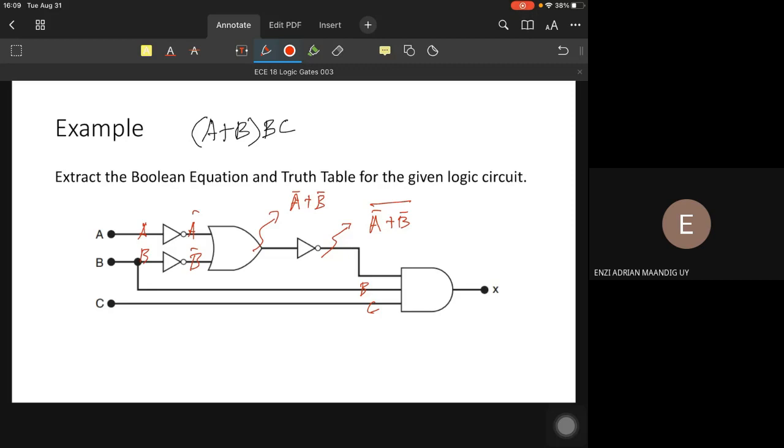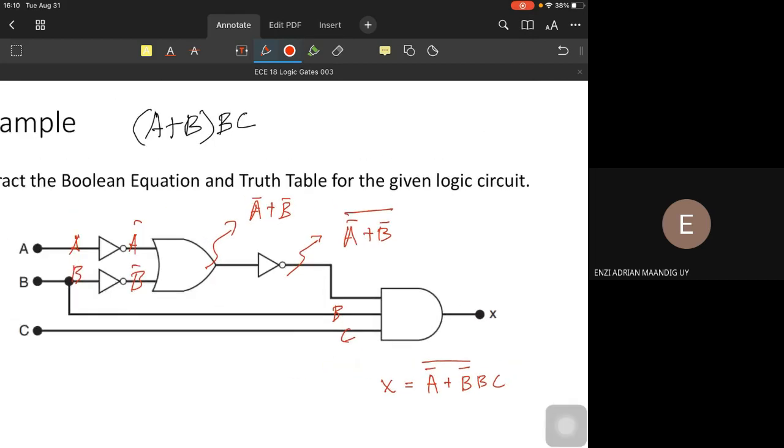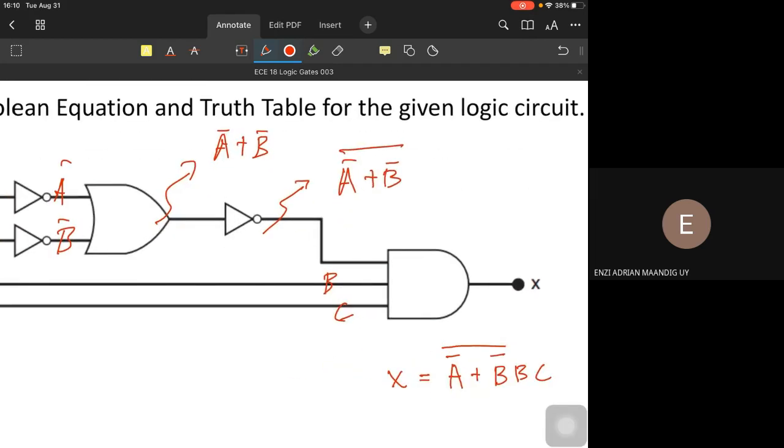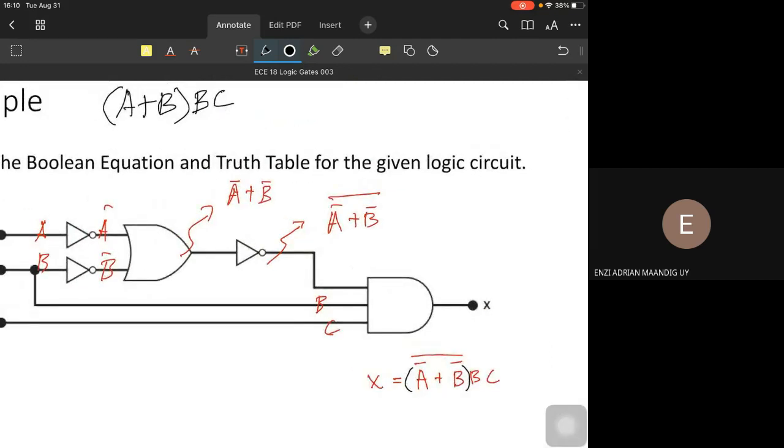So without simplification, okay? Without simplification, guys, if your answer looks like this, like X, you can put parentheses or not, it's okay. So that is the final answer, sir.